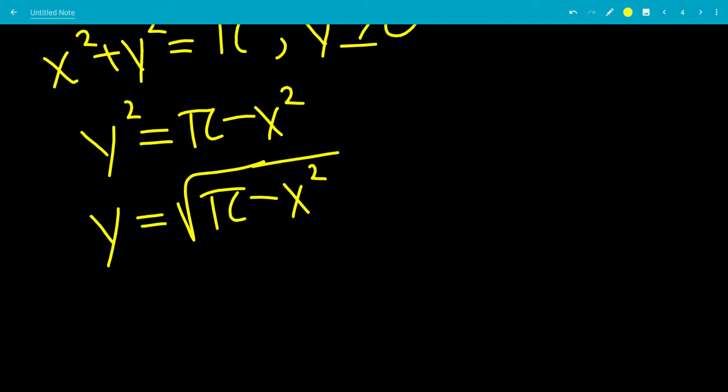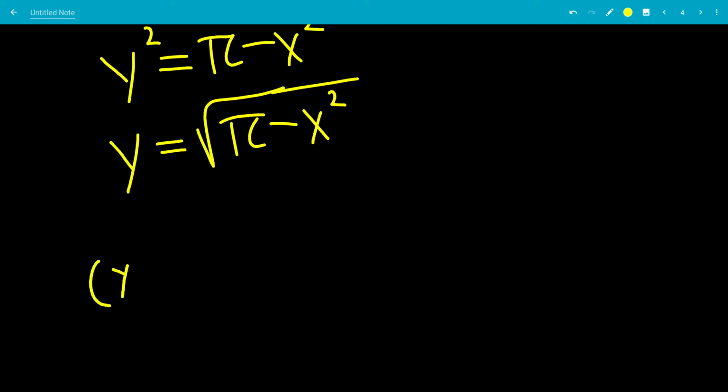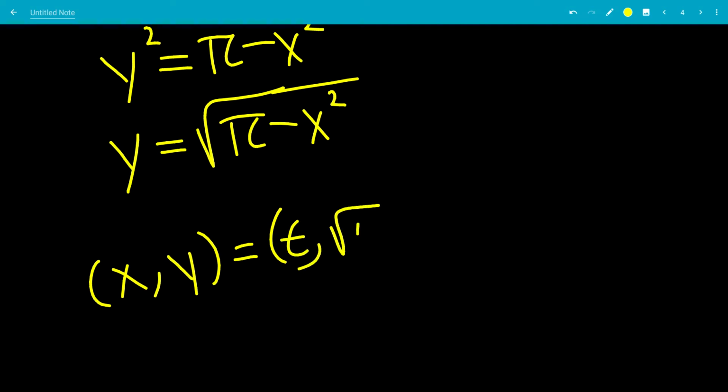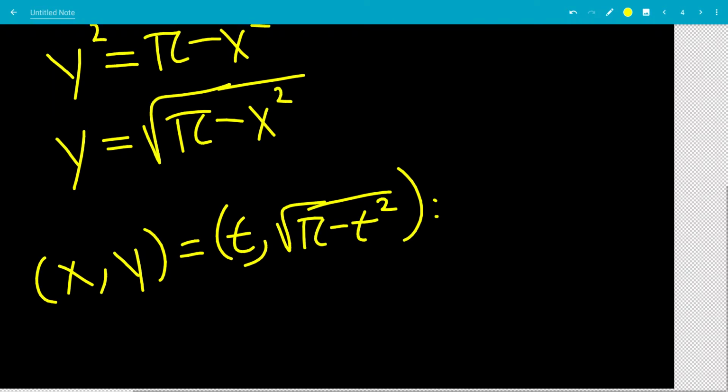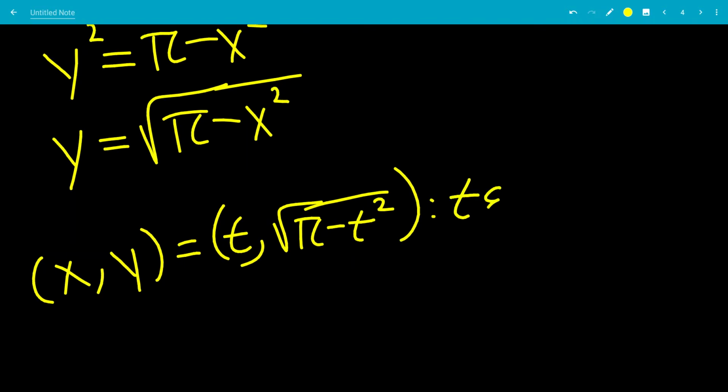So we can write this as x comma y equals, instead of x, we can use t comma square root of pi minus t squared, with the condition that t is an element. So under the square root, we have to have non-negative. So pi minus t squared is bigger than or equal to 0.